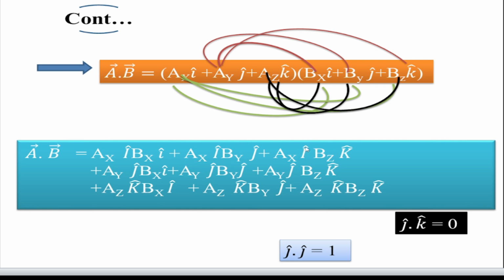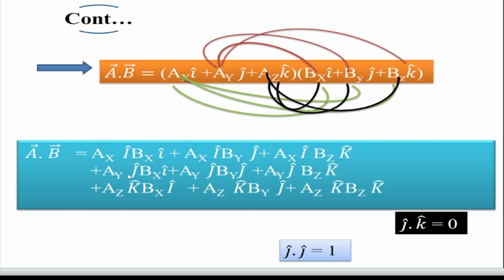Look here: unit vector I and unit vector k are mutually perpendicular. That means magnitude of I, magnitude of k, cosine of theta. Since they are mutually perpendicular, cosine of 90 degrees is 0. Zero times any number is 0, and hence this term automatically cancels.